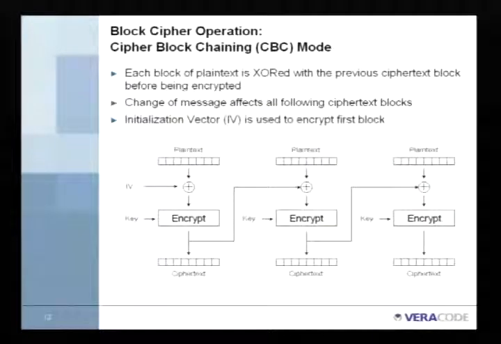The other block cipher mode that I want to talk about is CBC. This is a more secure mode in which, if you take a look at the diagram, each block of plain text is XORed with the previous ciphertext block before it's being encrypted. And the result of that is that each block of ciphertext is influenced by everything that came before it.